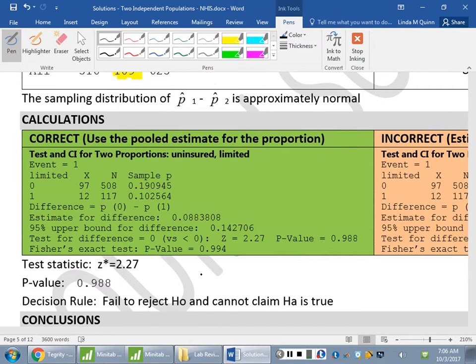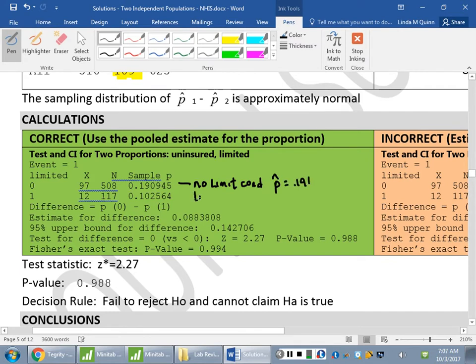Now let's just take a look at this for a second. So group 0, which is my no limiting condition, has a sample proportion of 0.191.